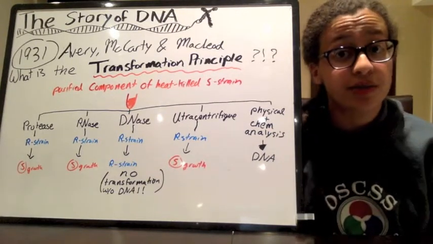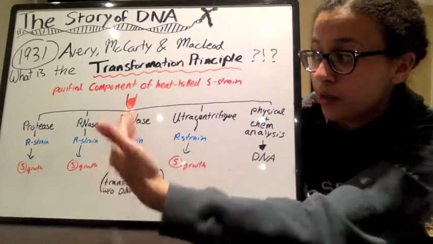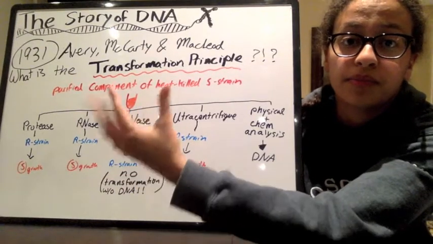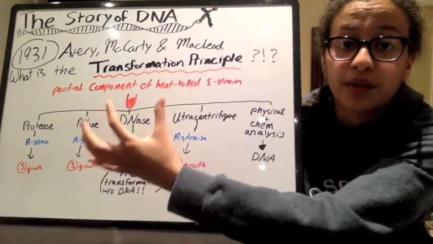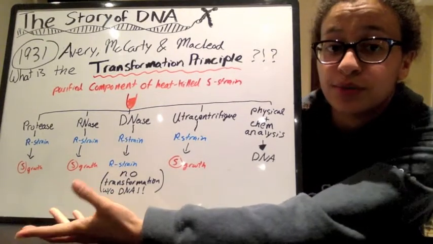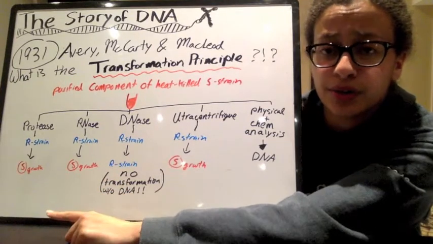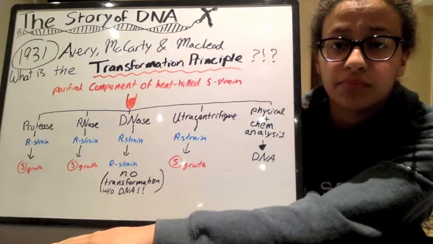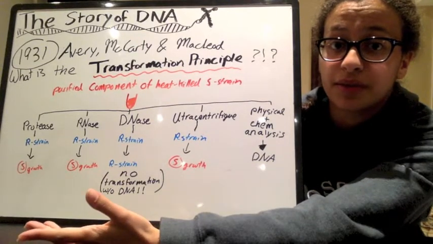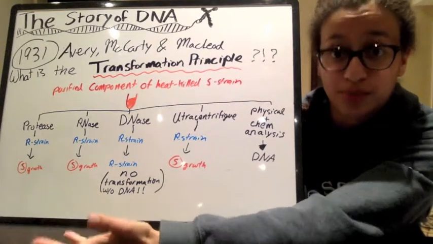But we did see a transformation happen: when you added this purified transformation principle along with the protease to the R strain, it was still transformed and turned into the S strain. Now, if proteins were responsible for the transformation principle, we wouldn't have seen a transformation because proteins aren't working anymore, since they're broken down.